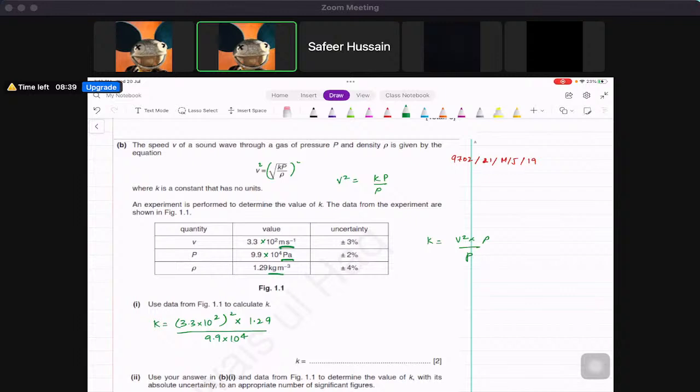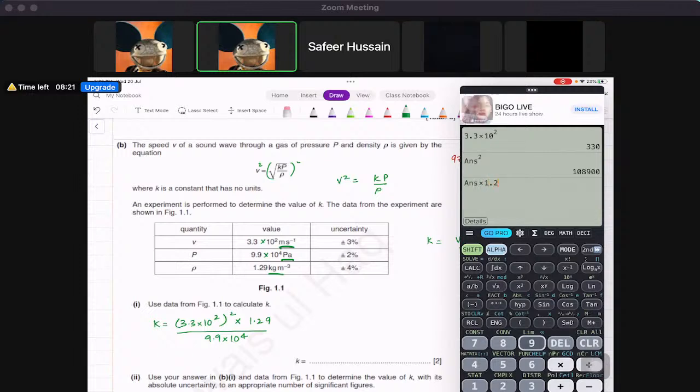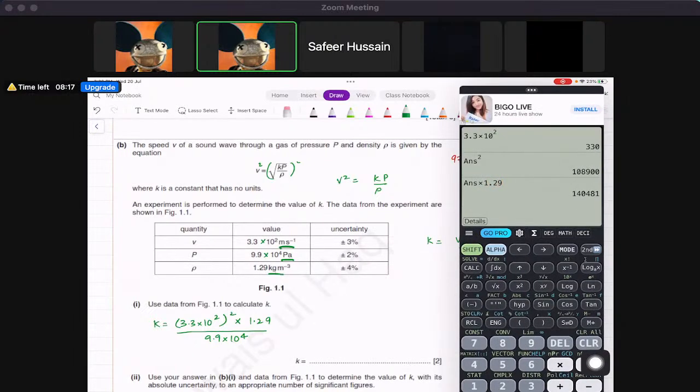When I do that, this is going to be 3.3 times 10 raised to power 2 and square, multiplied by 1.29 divided by 9.9 times 10 raised to power 4.